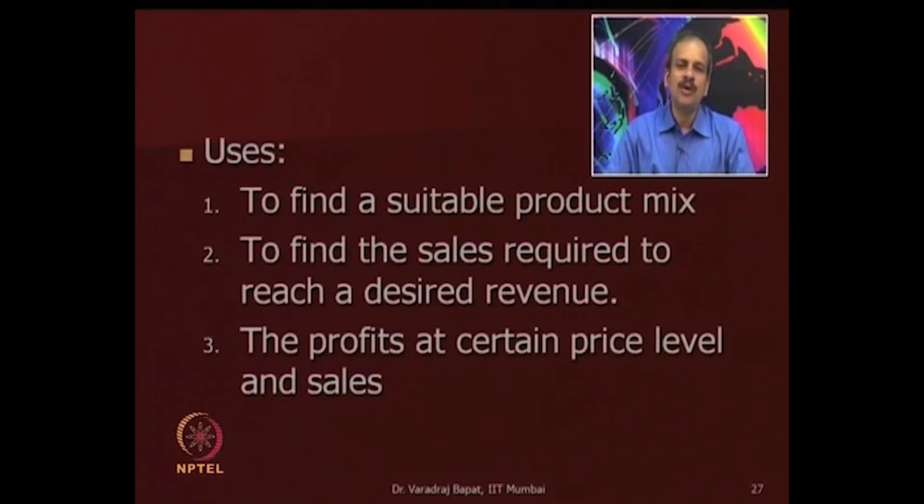This is again useful for finding a suitable product mix. This is useful for deciding the sales target, to know the profit. I mean, for a particular profit, what should be the sale target, and it also helps us to know the profit at different levels of activity.